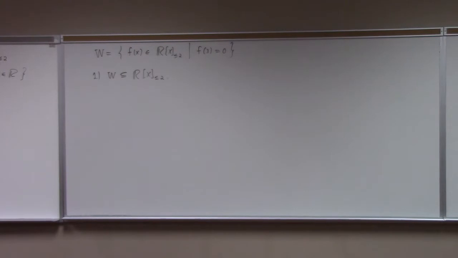A lot of times I don't even comment on that because it's completely obvious from the context. And then what's next? The next thing is kind of hidden in the preamble of the subspace test theorem, that W is non-empty. I assume W is non-empty in the subspace test theorem statement, but that is something you have to check for an actual example. How do you check that something's non-empty?